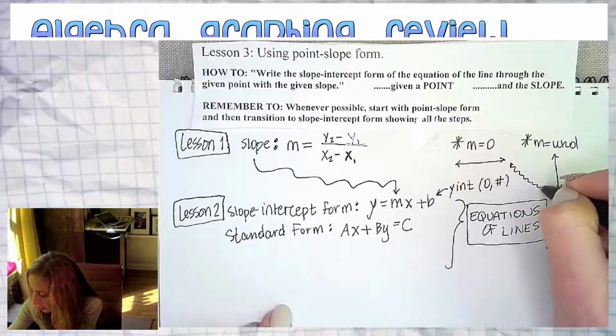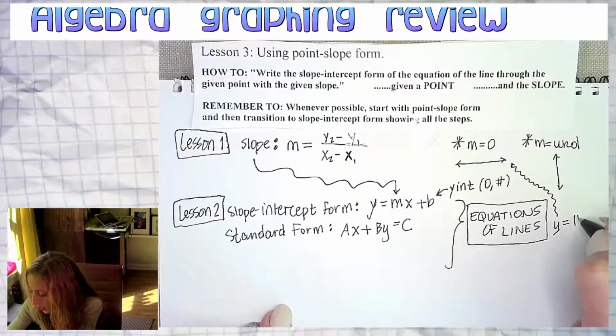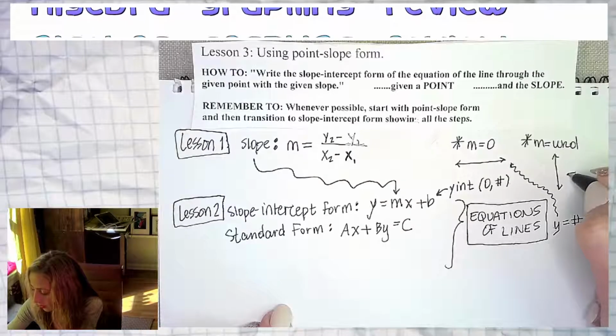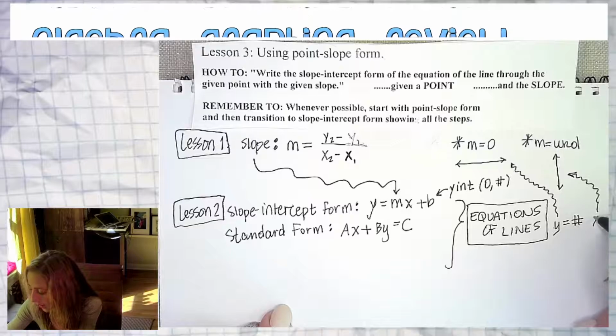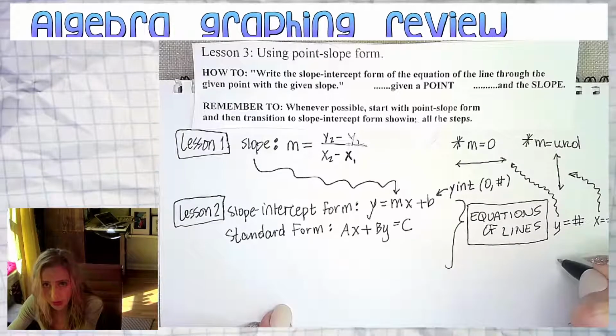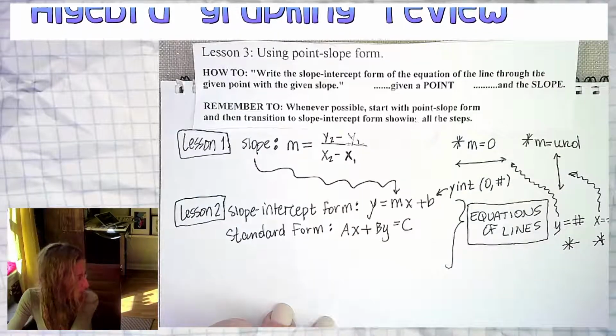So let's do a little note about that. A horizontal line, the equation will be y equals a number. The vertical line, the equation will be x equals a number. So those are things that you also want to write and remember.